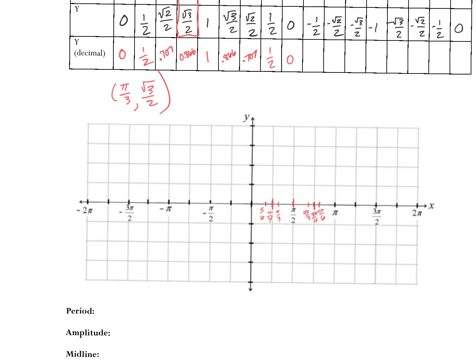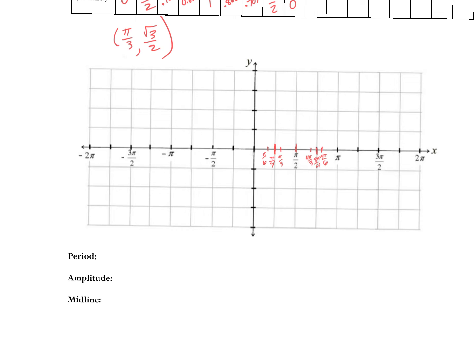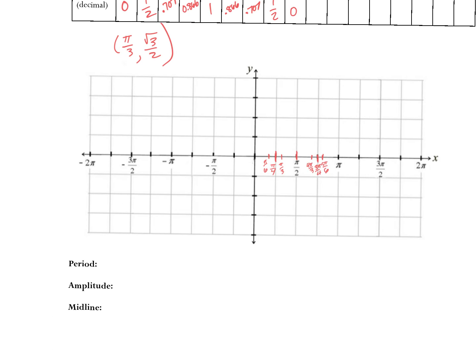So, my first point, 0, 0, is at 0, 0. That should not surprise you. And for right now, guys, let's go ahead and call the very top line 1.